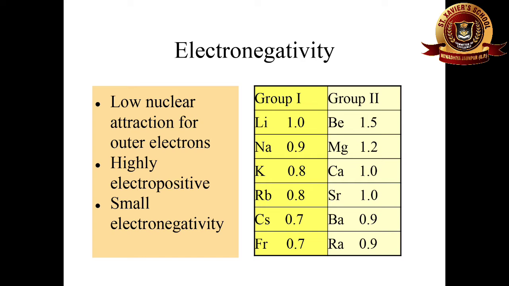Electronegativity is the attraction on the shared pair of electrons applied by an atom. Then what is the variation of electronegativity in group 1 and 2? When we move from up to down in groups 1 and 2, the nuclear force decreases, that's why electronegativity also decreases.